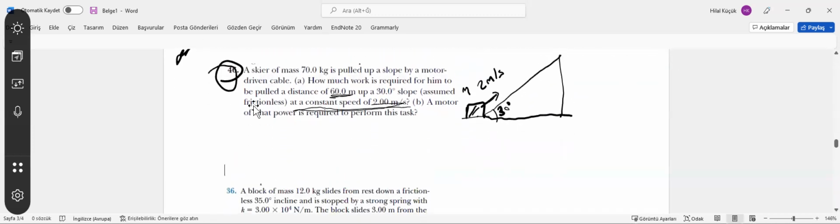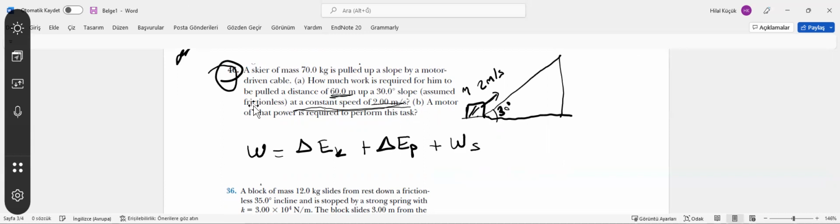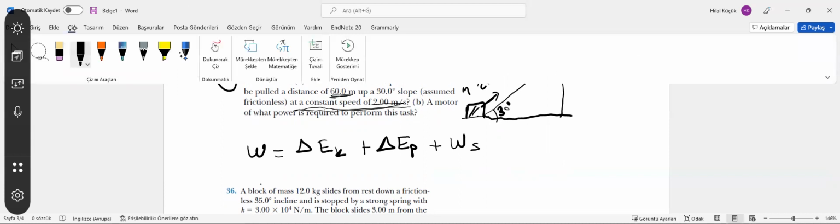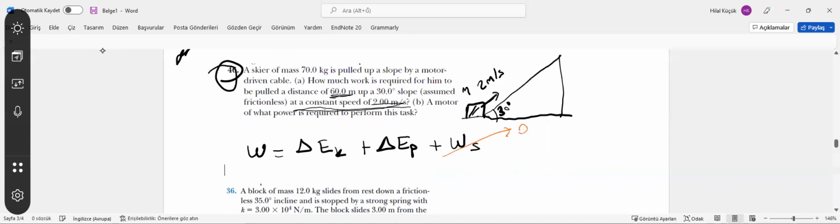Work was delta kinetic energy difference and delta potential energy difference. If there is some friction, you need to add that one as well. It says this environment is frictionless, so you need to ignore the last part. This is cancelled because there isn't any friction.